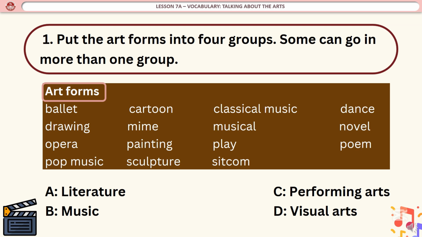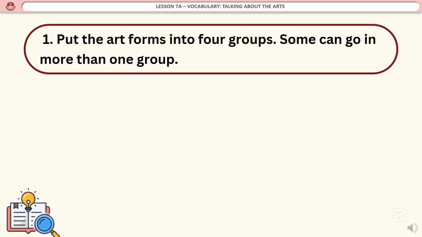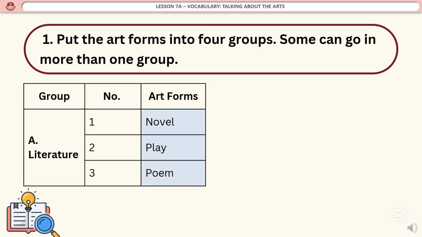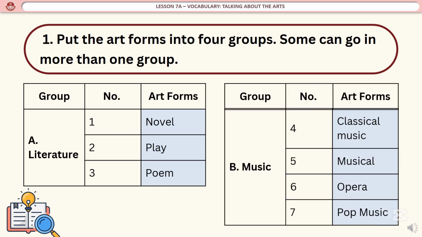Now, let's check the answer. There are 3 art forms for Group A. It is novel, play, poem. For Group B, music, the art forms are classical music, musical, opera, pop music.